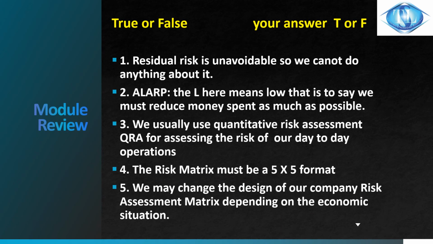Okay, to wrap up what we just learned, I made this simple quiz which you should answer by true or false, or T or F. You can send your answers to 2020bbossafety@gmail.com. The first one: residual risk is unavoidable, so we cannot do anything about it. You have to think about it and look back at the slides. 2. ALARP. The L in ALARP means low. That is to say, we must reduce the money spent as much as possible.